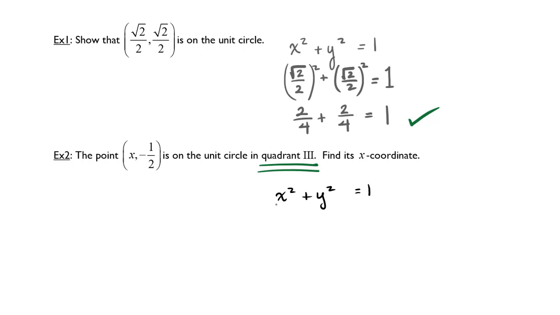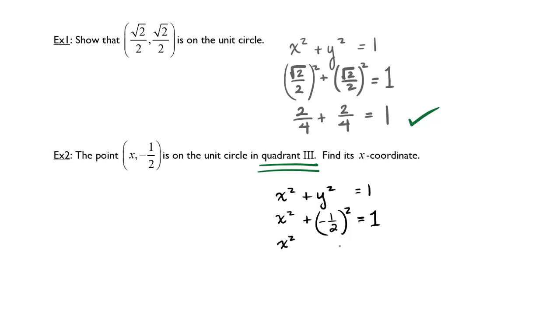We can substitute negative 1/2 in for y, and we can force it to equal 1. Therefore, we can solve for x and figure out what it would need to be.